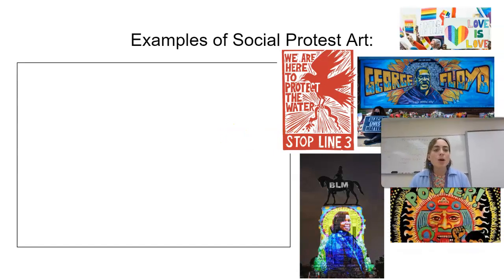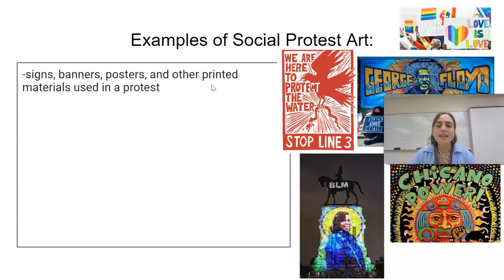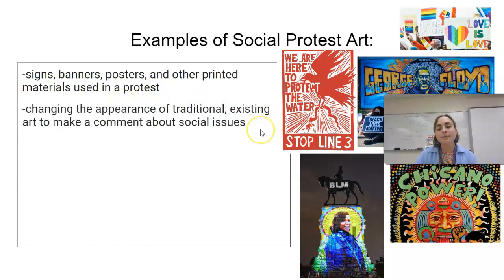So let's talk about what some examples of social protest art are. Like I said, it can be signs, banners, posters, other printed materials that you might use in a protest or a rally. It can be art that changes the appearance of a traditional existing piece of art to make a comment about a social issue. So this is an example right here.